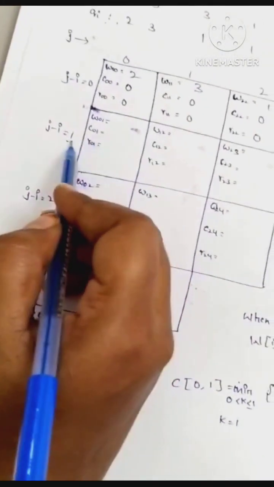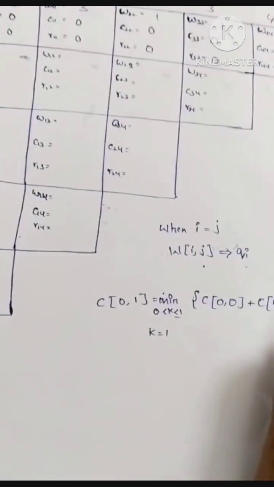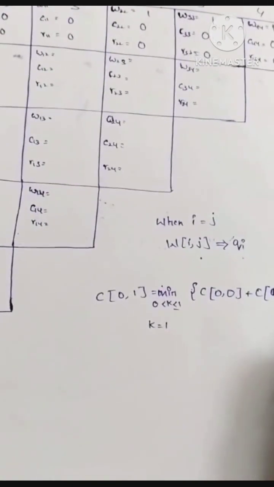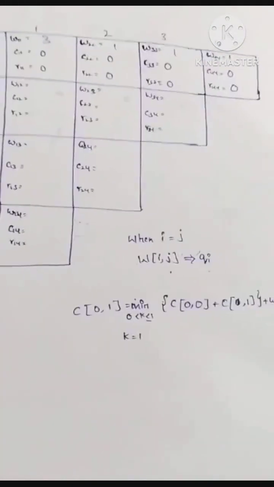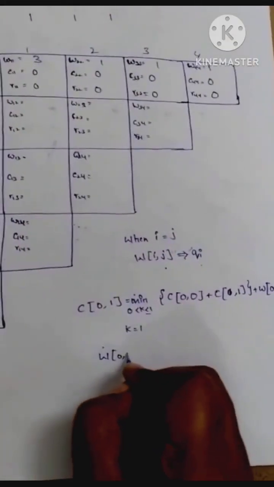We are doing this for j value 1, plus weight of 0 comma 1.